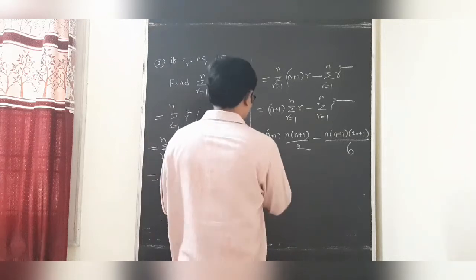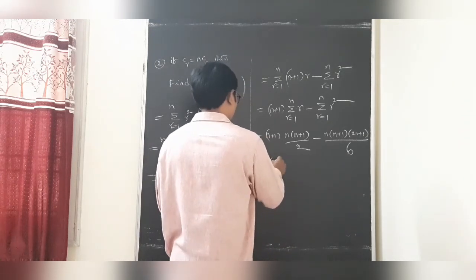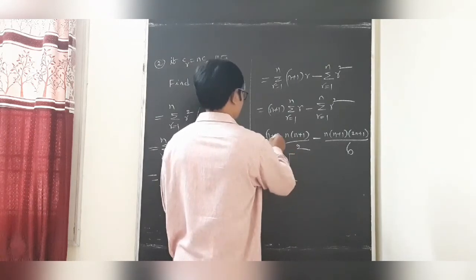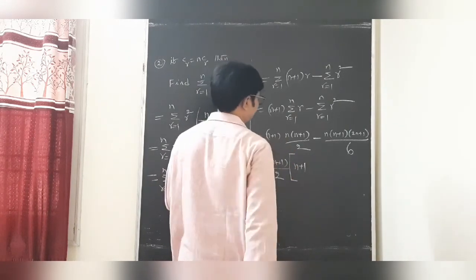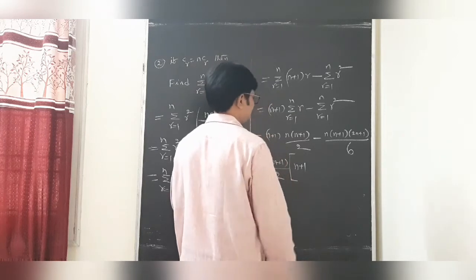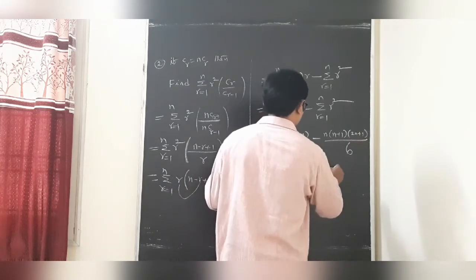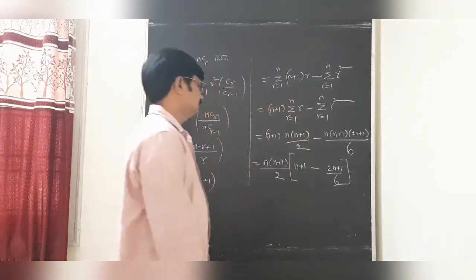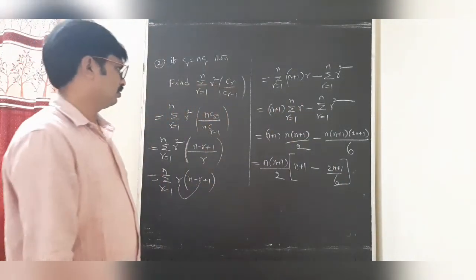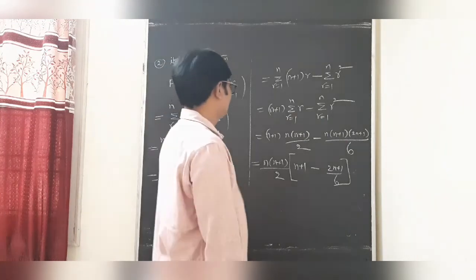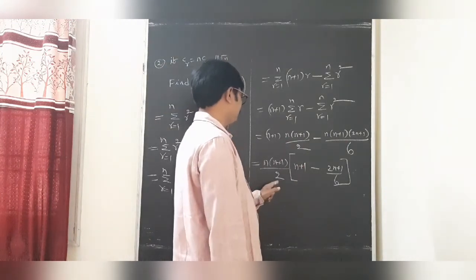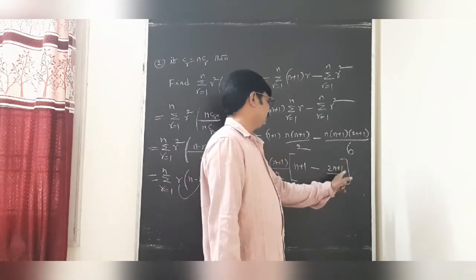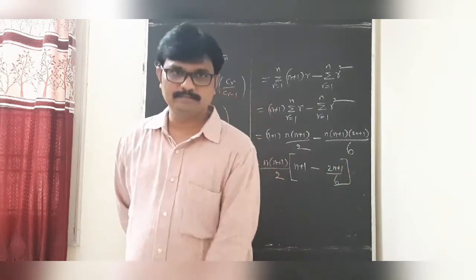So students, this is n into n plus 1 by 2 times n plus 1, minus n into n plus 1 into 2n plus 1 by 6. Is it clear, students? n into n plus 1 by 2 is common, and there is n plus 1, so 2n plus 1 by 6.